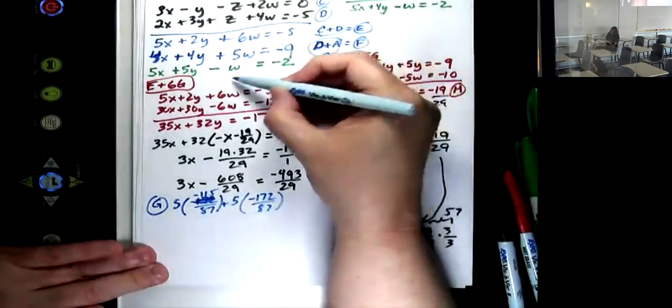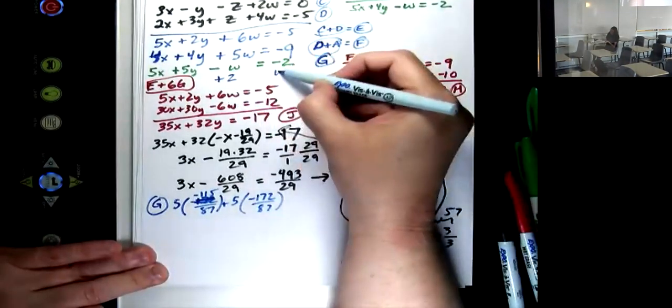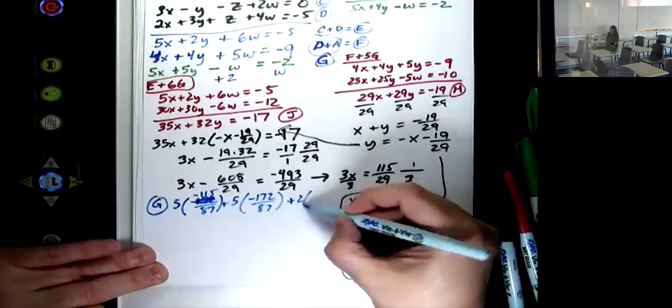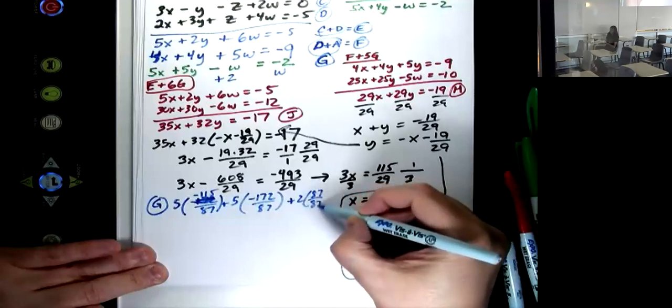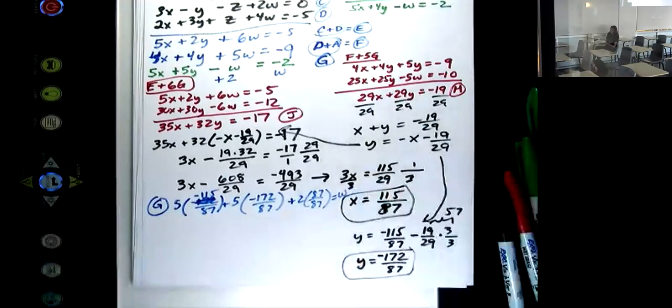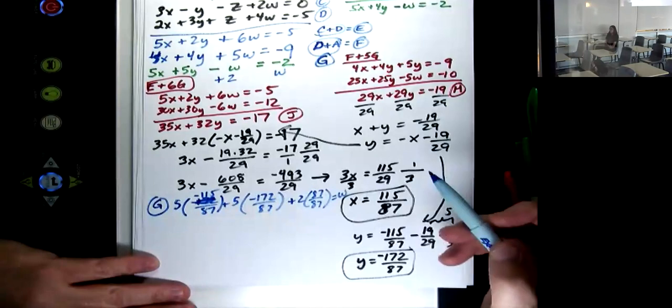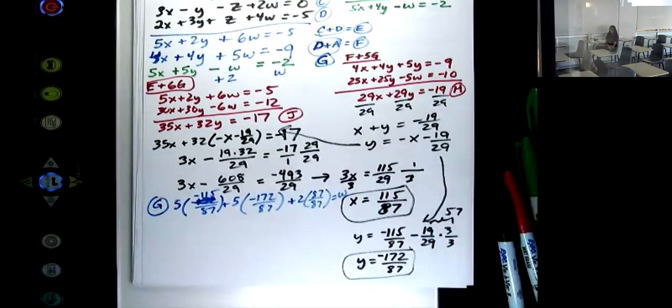I'm going to real quick add 2, put the 2 over here and put the W over here. So plus 2 times 87 equals W. Let's see, 115, I'm going to do those together. 115 plus 172, and then times 5.